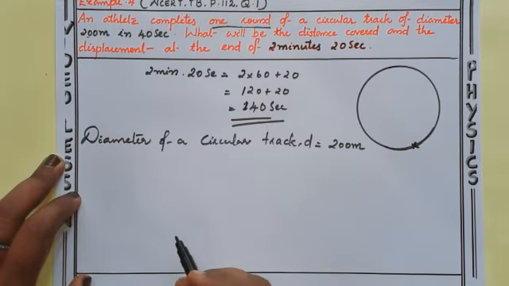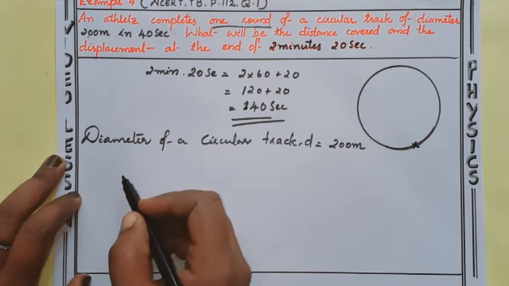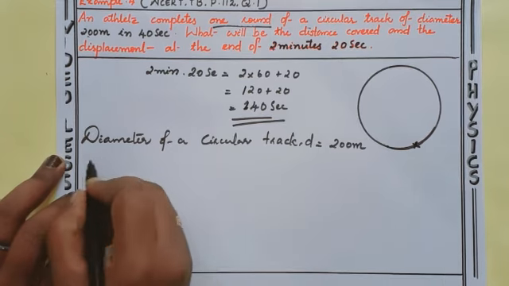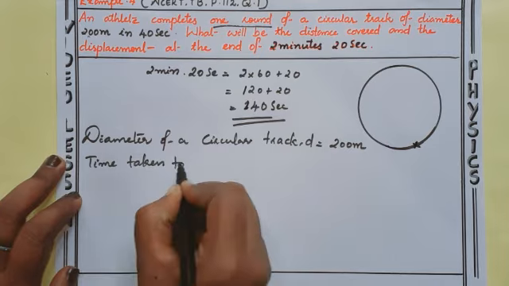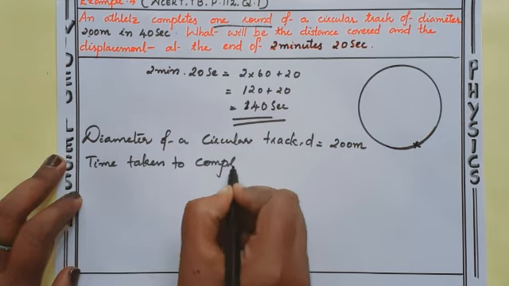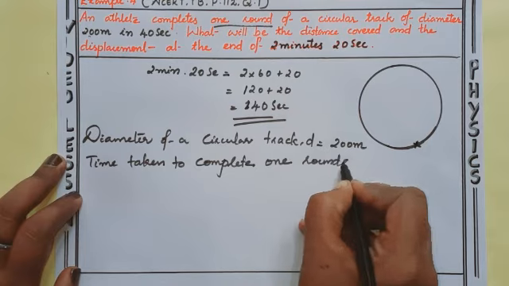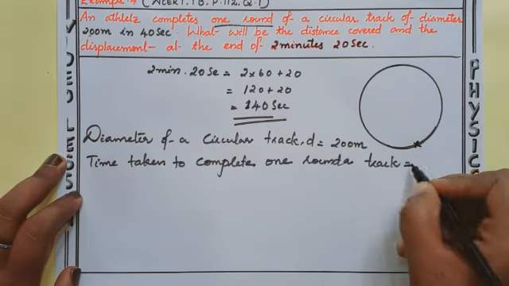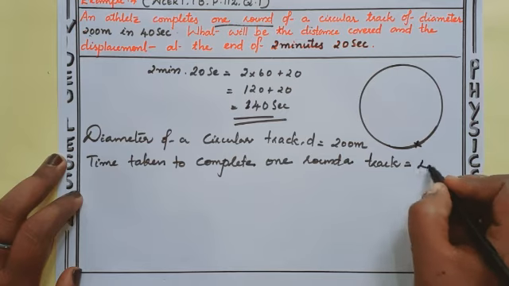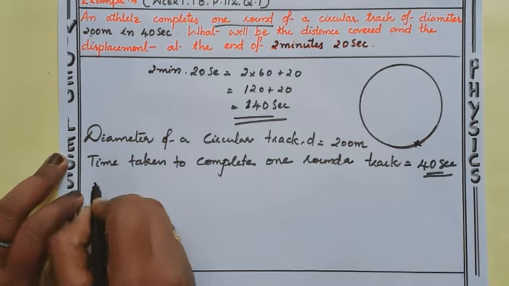So we can write the diameter of the circular track, D, is equal to 200 meter. Then the time taken to complete one round of the track: when the athlete starts from this point and covers one round, he takes 40 seconds. So we can write that the time taken to complete one round of the track is equal to 40 seconds.